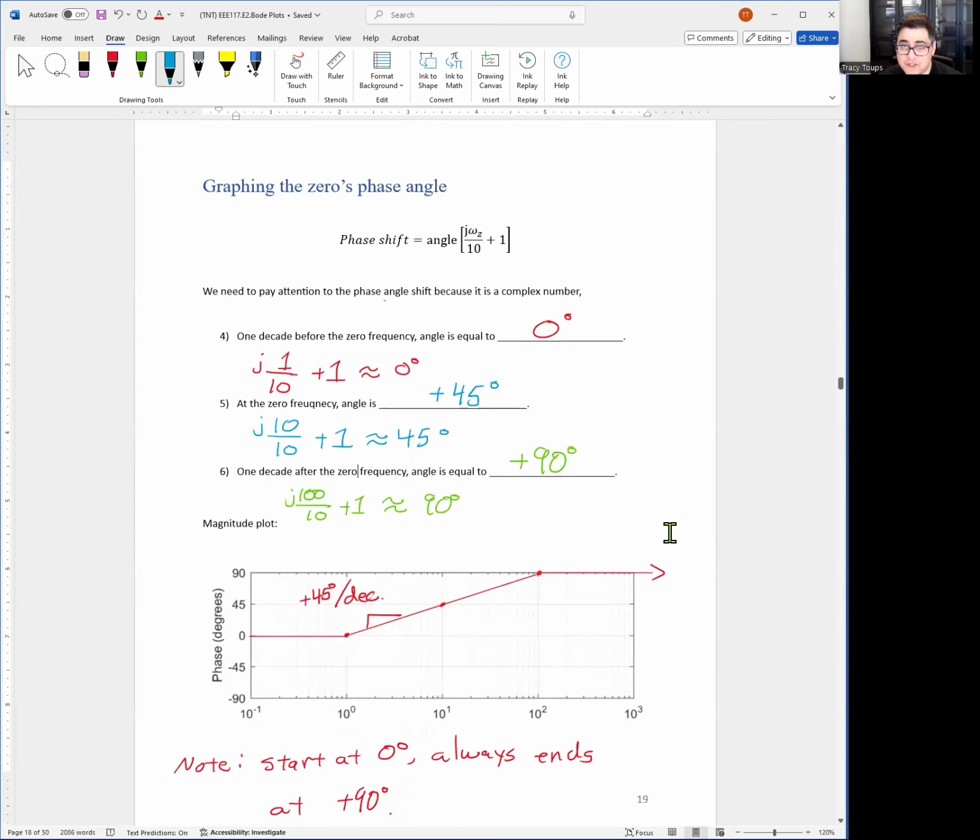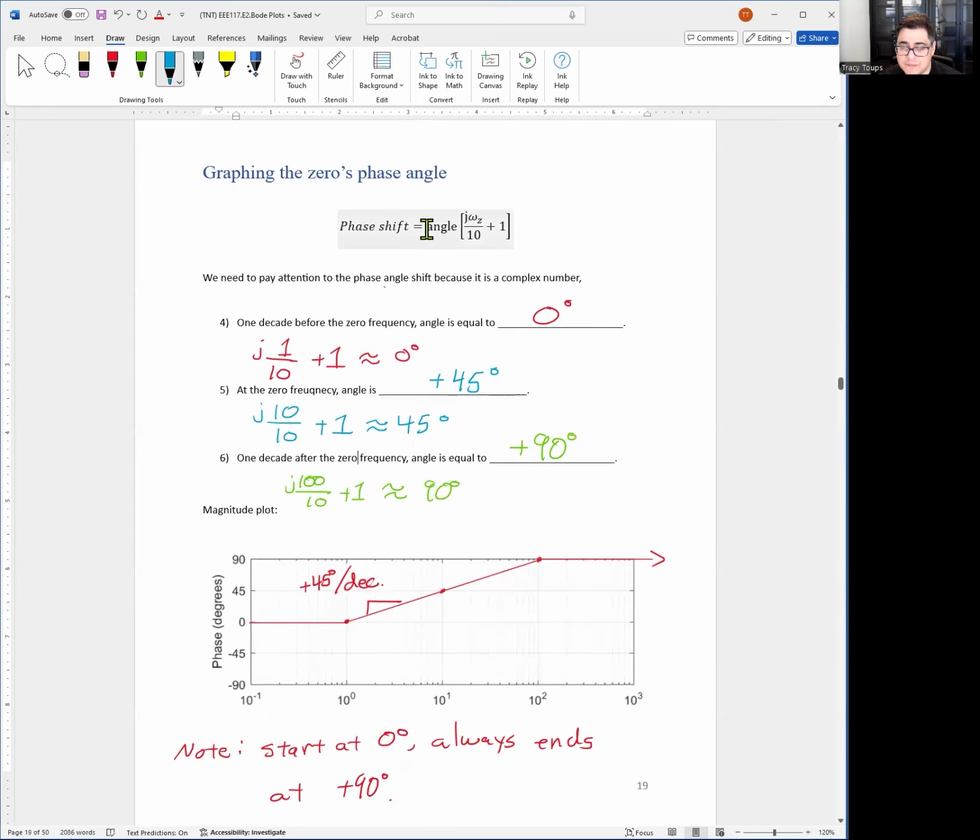In terms of the phase shift here, notice it's a positive angle because it's a numerator, so it stays positive, right? We could go ahead and plug in the same ω equals 1, so you have j1 over 10 plus 1, phase shift is roughly 0. At the zero frequency itself, here you have j10 over 10 plus 1, that's roughly a 45-degree shift.